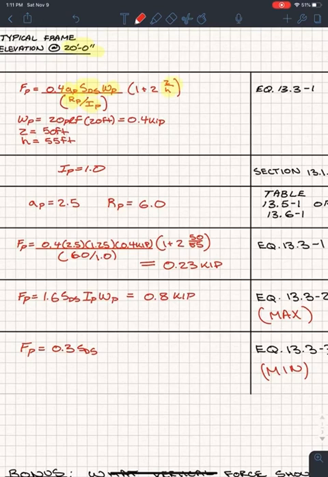SDS, I sub P, and W sub P. And that comes out to 0.15 kips. So where do we fall? We fall right in between the two. So that means our answer is going to be F sub P is equal to 0.23 kips.